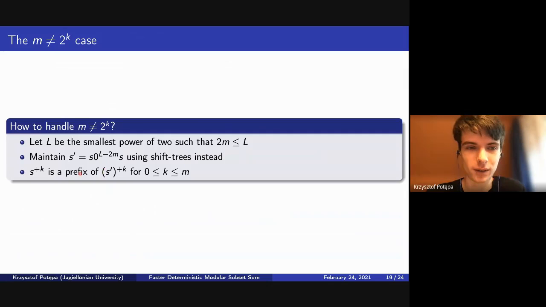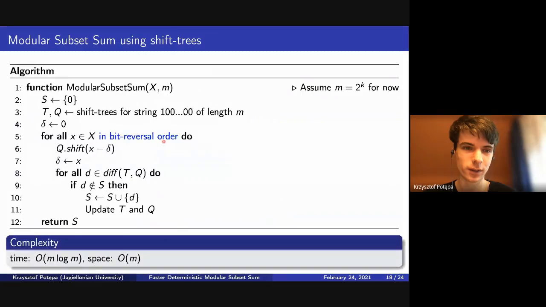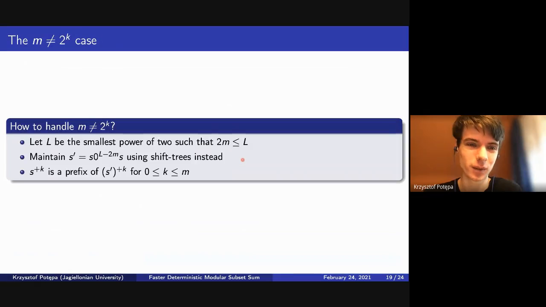And now we can see that the cyclic shift of the original characteristic vector is a prefix of the string defined like this, as long as k is in the nice range. So if we plug it into the algorithm that I've shown before, nothing breaks, complexity doesn't break, and it works for any m. So we get an m log m randomized algorithm, and that's the first part of the paper.